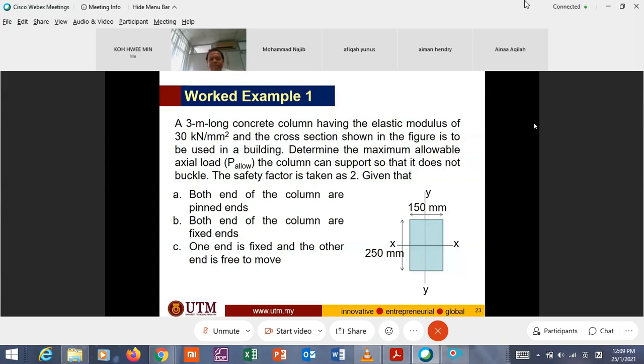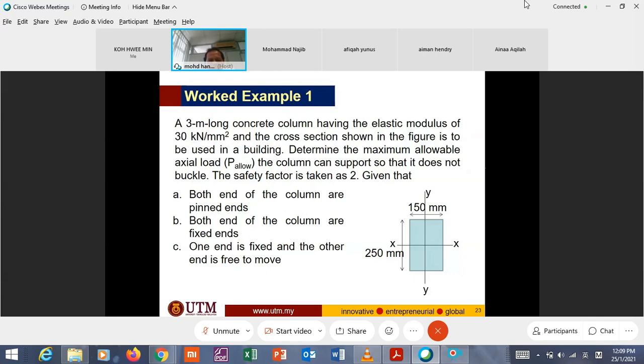Okay, continue. Worked example, example one. A 3-meter long concrete column has an elastic modulus of 30 kilonewton per millimeter squared. About this elastic modulus, you have to be alert.